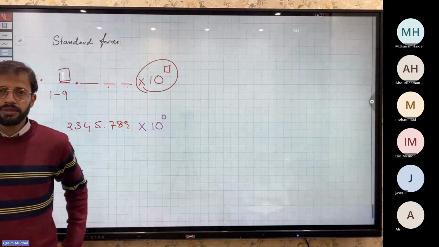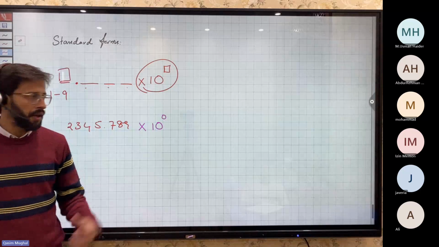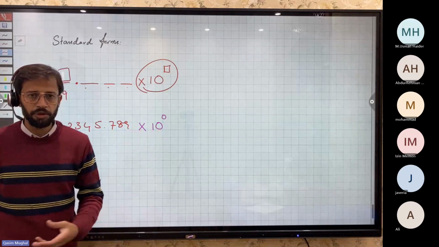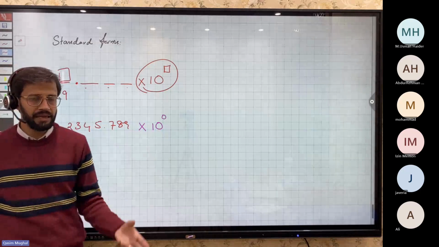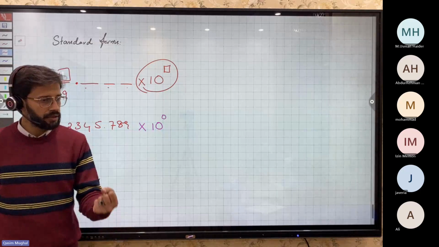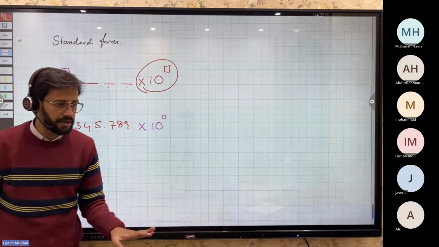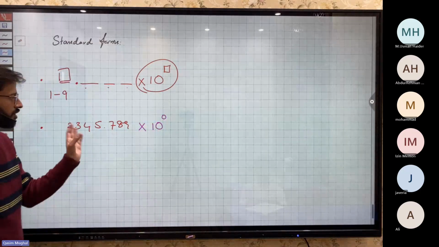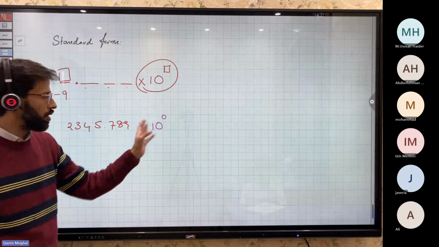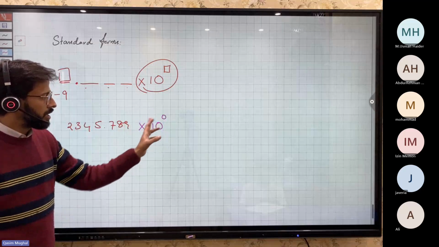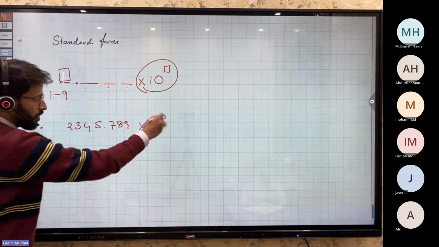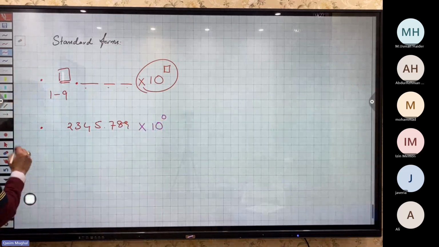Yes, because 10 raised to the power 0 is actually 1, and I'm multiplying this. One is a multiplicative identity, means if I multiply one with any number, it maintains its identity, it doesn't change. So if you cannot see 10 raised to the power of any number, then you can put 10 raised to the power 0.